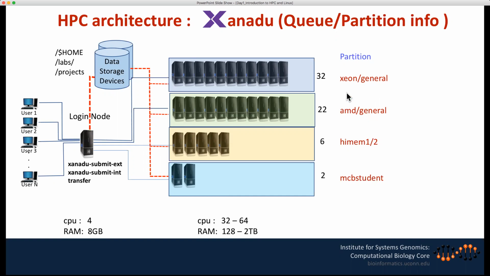The purpose behind that is, if any particular application needs Xeon-based processors, then we can say, okay, we need a Xeon partition, or AMD partition if the application is specific to AMD processors. Most of the bioinformatic applications, I would say 90% of them, don't require any specific kind of processor.